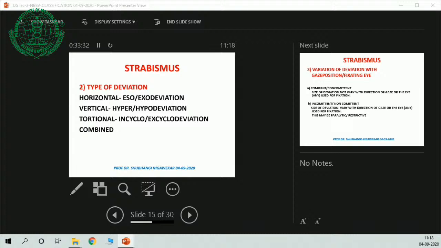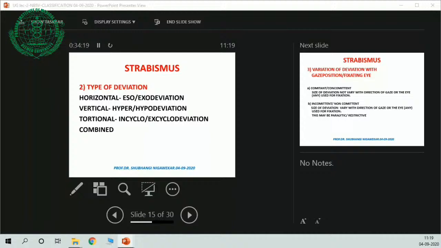Types of deviation, very simple. If the eyeball is deviating in a horizontal plane, it will be either an esodeviation or an exodeviation. Then there is vertical upward deviation, hyperdeviation, and there is no hypodeviation.